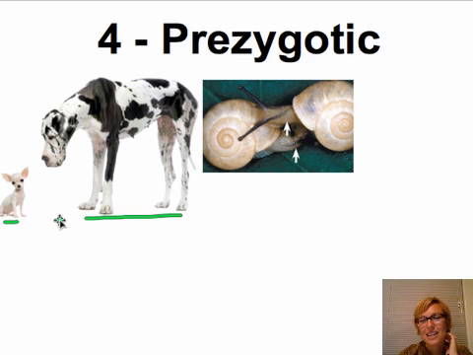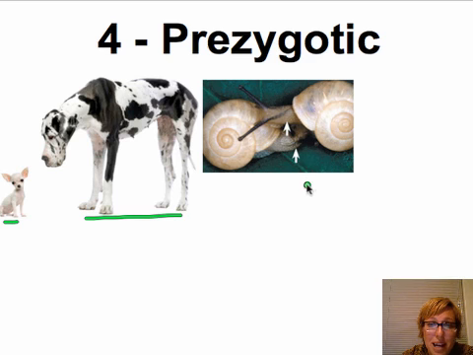So, another example of this is these snails. There are two different, really closely related snail species, and one of them has a shell that spirals inward, and the other one is kind of a mirror image and it spirals outward. And their reproductive organ openings don't line up, so they physically can't reproduce.